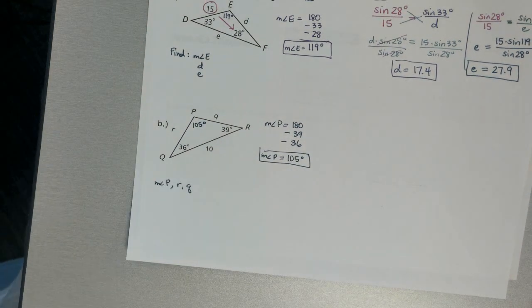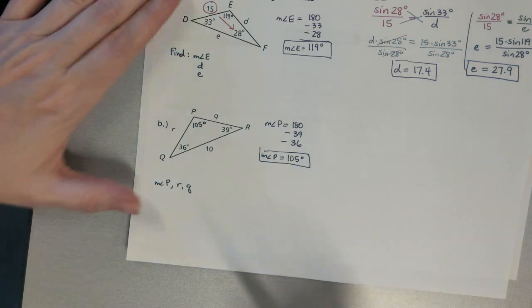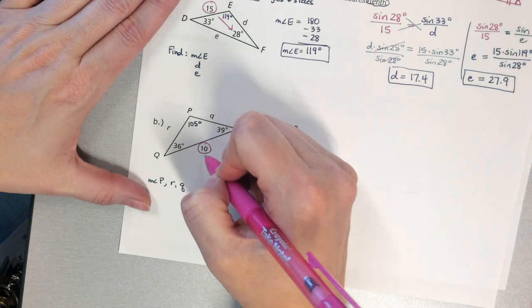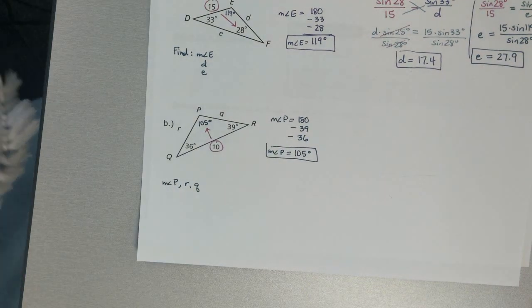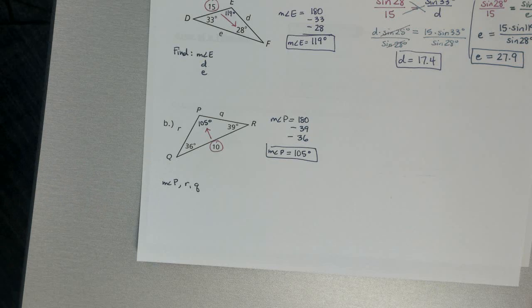Do you guys understand what I mean when I say it's a matching pair? It's the only side length given, so you have to have the angle across from it. So you had to find the measure of angle P first for this one.